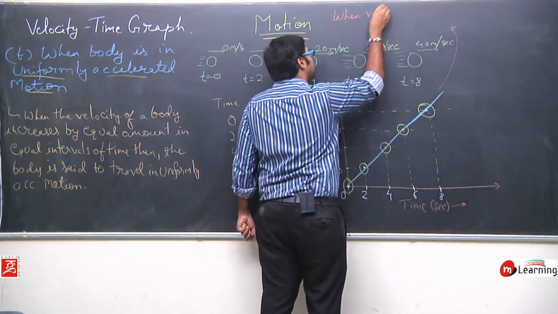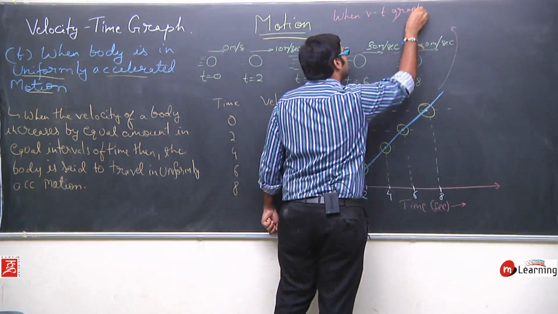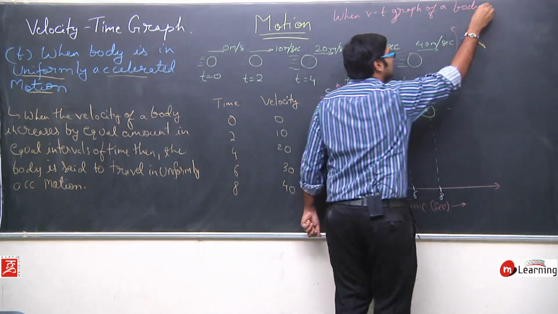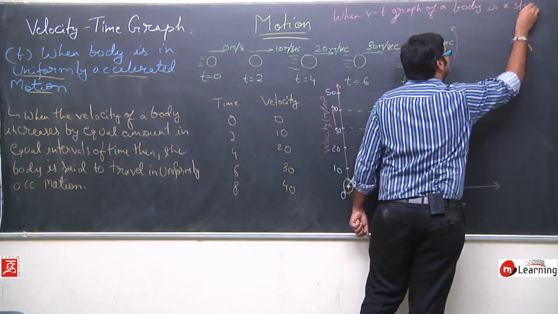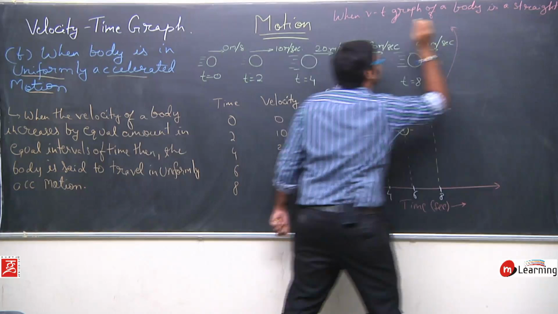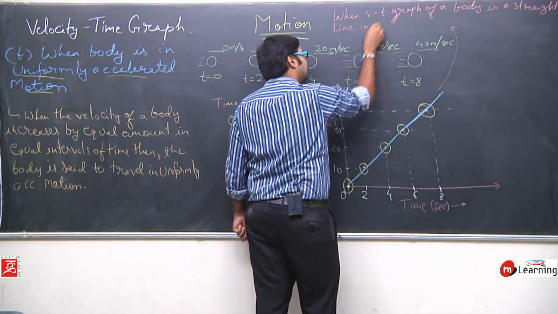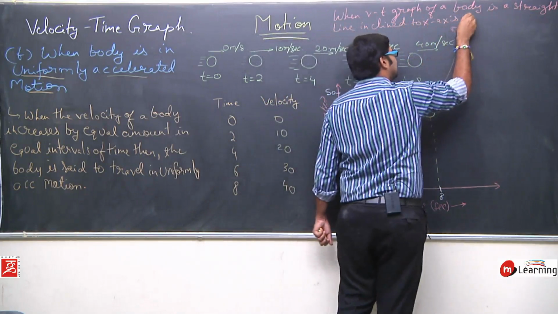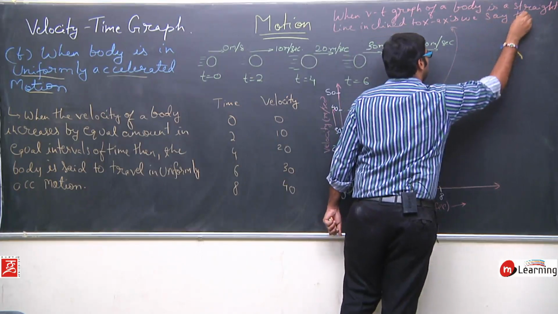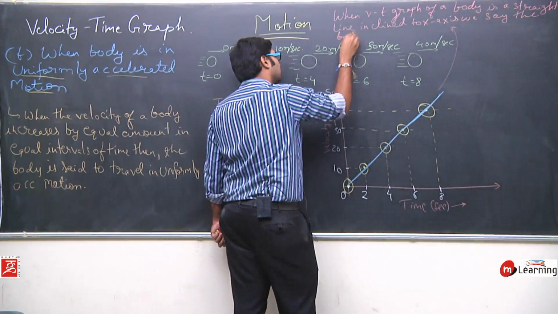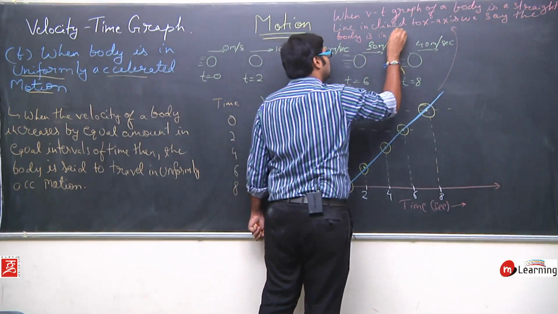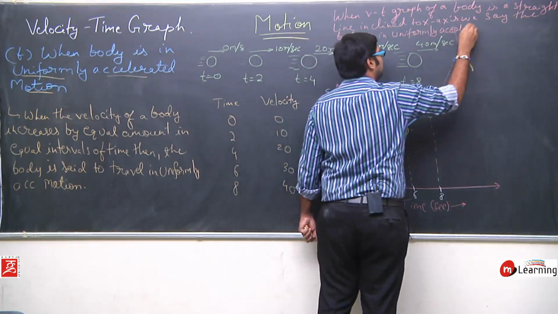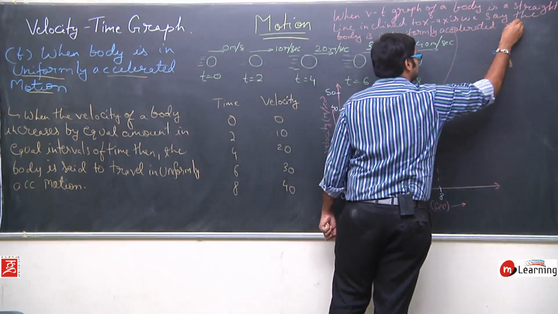So we can say that when the velocity time graph of a body is a straight line inclined to the x axis, we say the body is in uniformly accelerated motion.